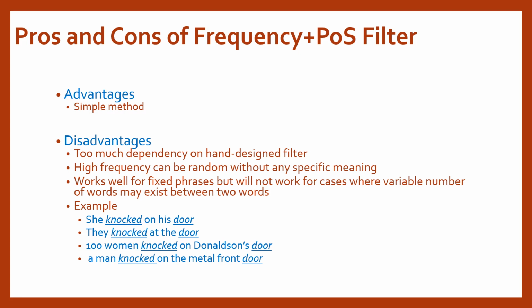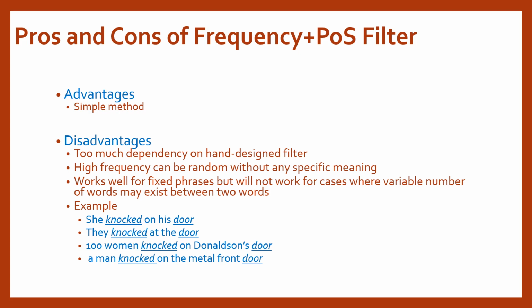And then we see that the high frequency can be random without any specific meaning. So for example, there were a few examples we saw in the last table, like last year or something like that. Those were frequent, but they don't really have any meaning, or they cannot be called co-locations.